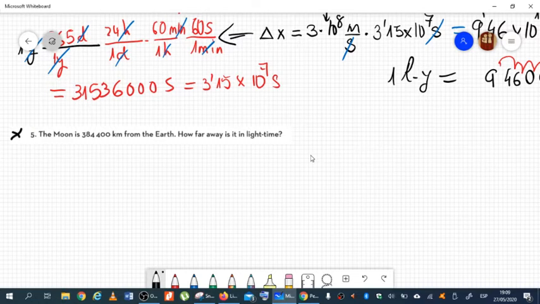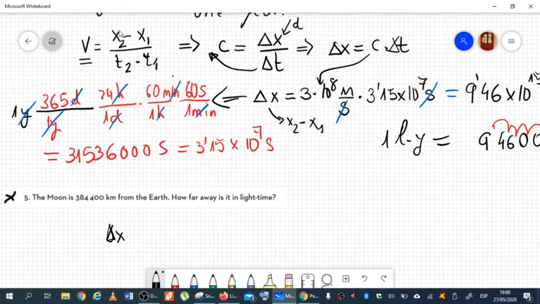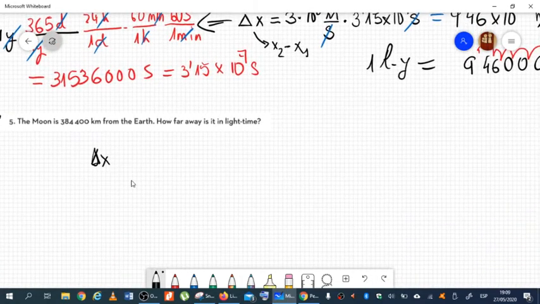So the distance, remember, is x2 minus x1. This is x2, the final position, minus the initial position. Final position minus initial position. Do you understand? This is the difference in x. So the distance is 380, sorry.